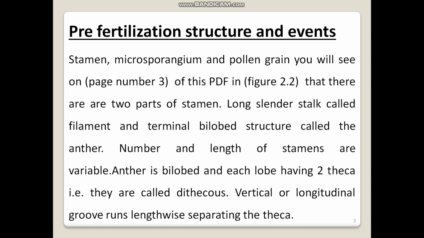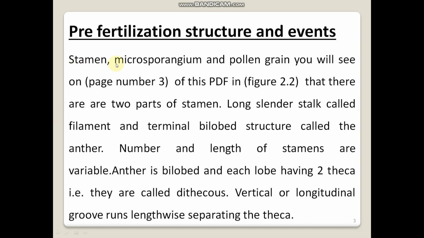Pre-fertilization structures and events. I told you in the last chapter about pre-fertilization events. Today I will talk about the structure of the stamen, microsporangium, and pollen grain. All are the male part of the flower, right?